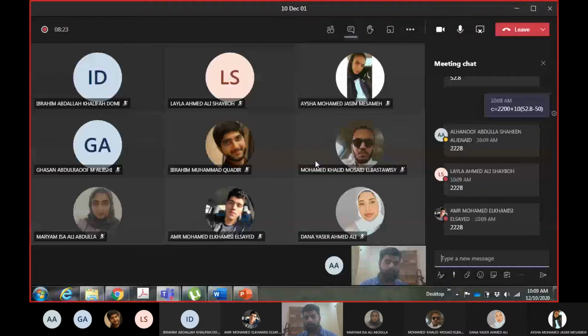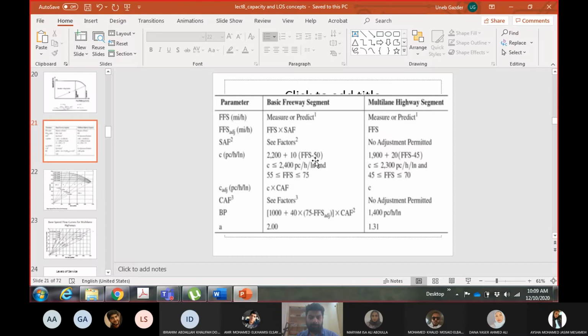Then we will calculate the breakpoint. Again, as I said, they are mentioning the adjusted free flow speed, and since there are no adjustment factors required, this will become 52.8. So 1000 plus 40 into 75 minus 52.8, and again no adjustment factor for capacity as well, so this factor will be taken as 1. The default value of adjustment factor is 1.